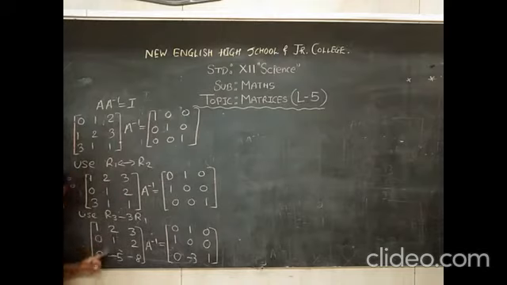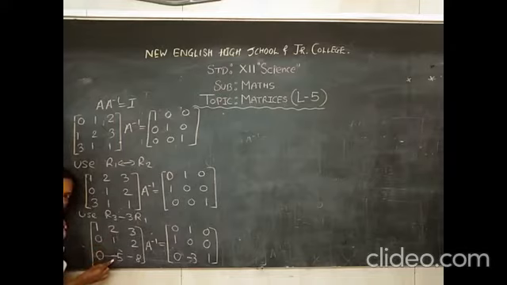Now, similarly, to make this minus 5 into 0, minus 5 will become 0 when I add 5 to it. It belongs to R3. I want to take help of 1, which belongs to R2. So R3 plus 5 times R2.